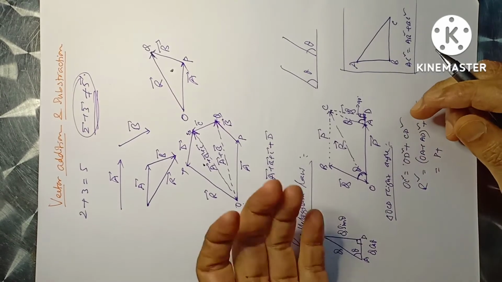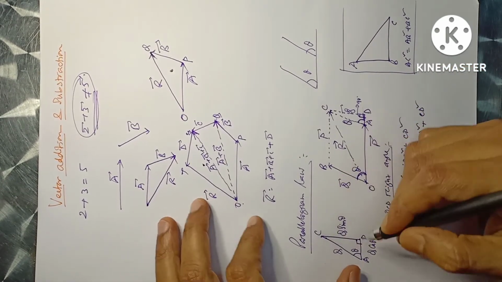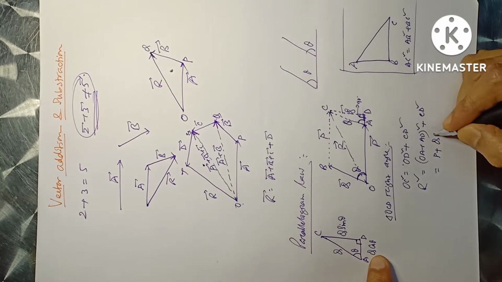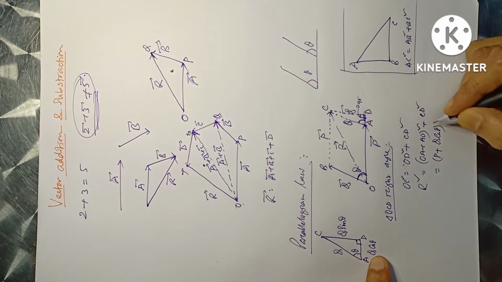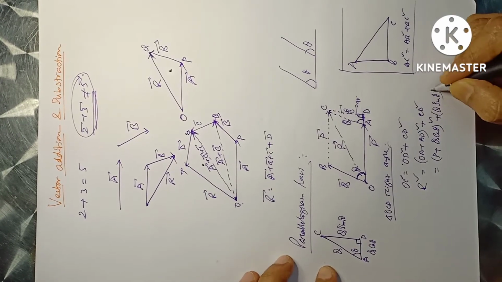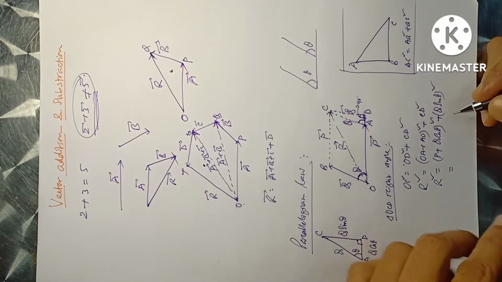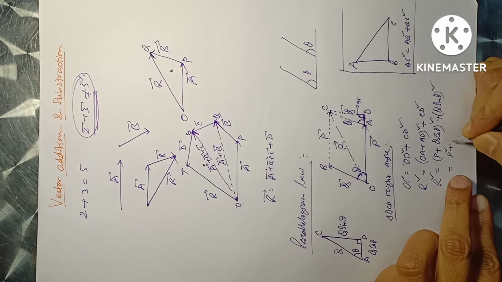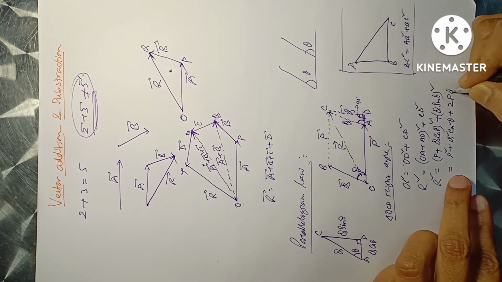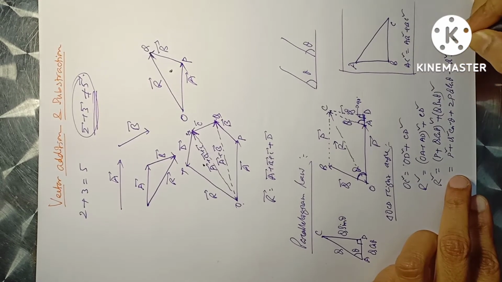I think you also know about this from trigonometry, and from this formula we can write AD equal to Q cos theta whole square plus CD equal to Q sin theta whole square, R square. By the a plus b whole square formula, you get P square plus Q square cos square theta plus 2PQ cos theta plus Q square sin square theta.